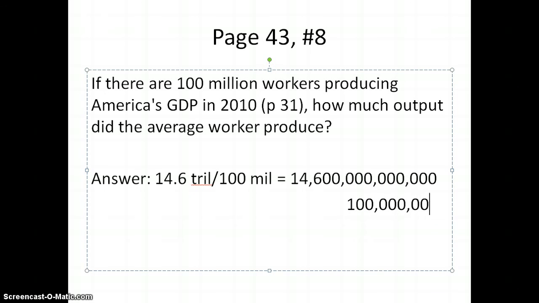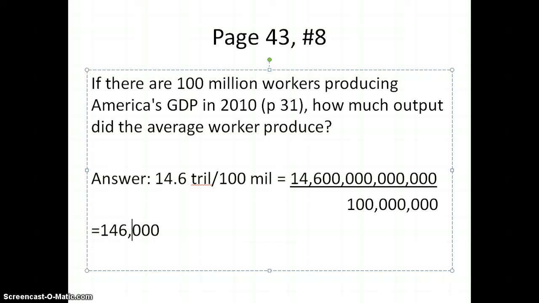This one's a little easier to write out. So we're dividing those two, and that'll give us our answer. Okay. So this set of 3 zeros cancels, and that set, and then 2 more. So I am left with the 14,600, and then 1 more zero.